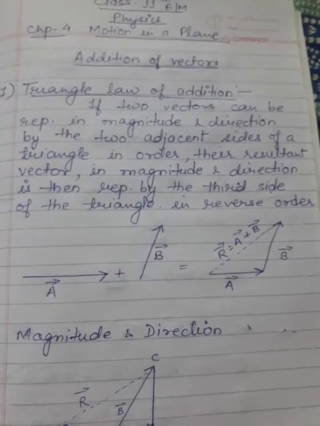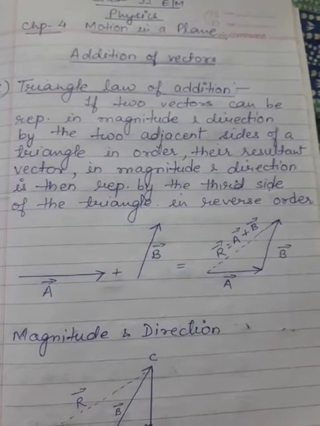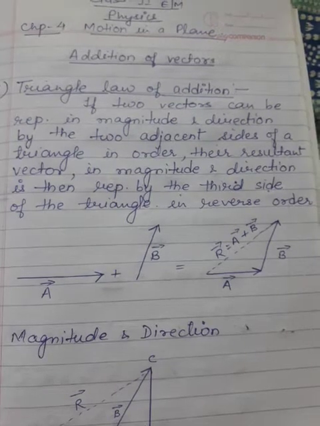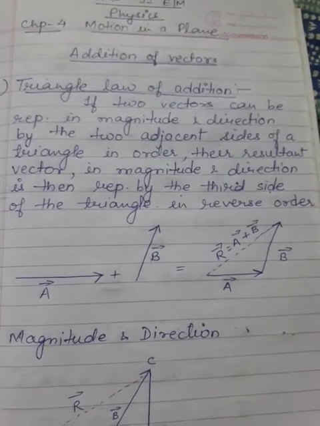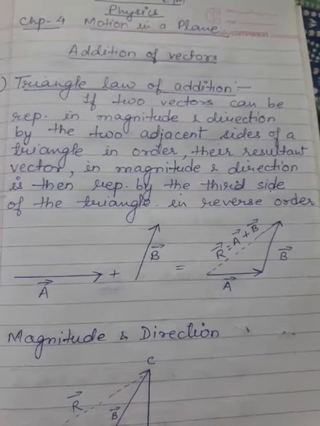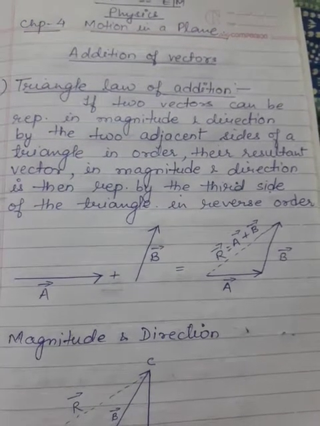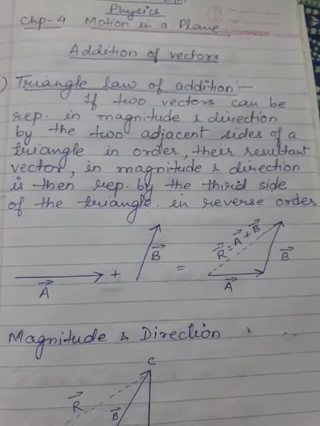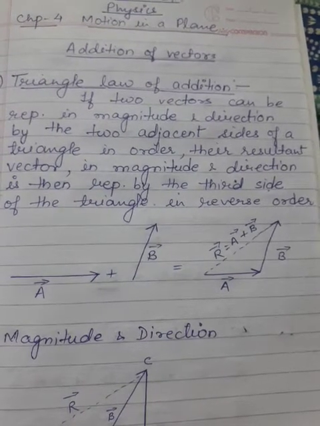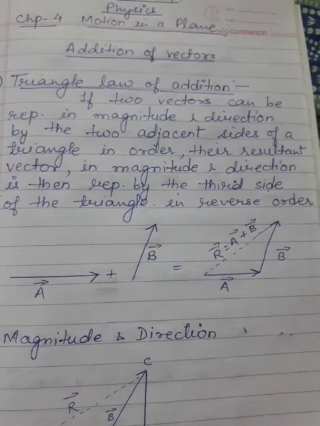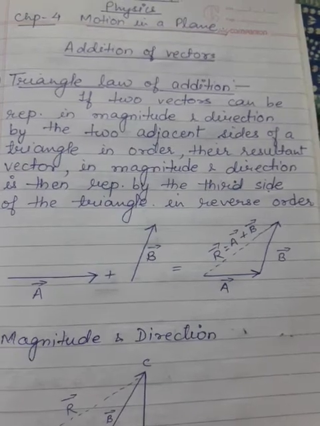If two vectors can be represented in magnitude and direction by the two adjacent sides of a triangle taken in order, then their resultant vector in magnitude and direction is represented by the third side of the triangle in reverse order.